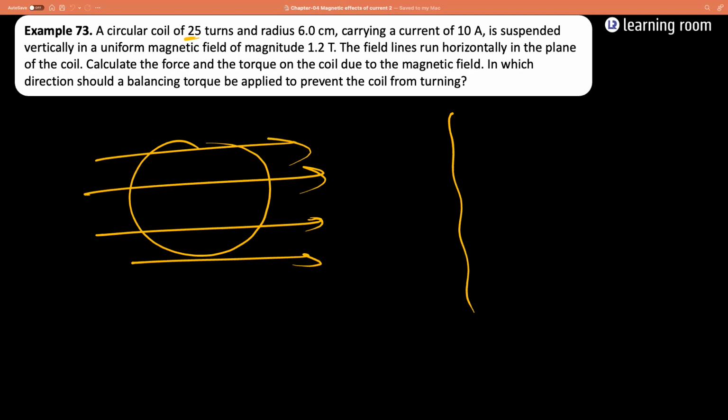What is the force acting on the coil? Force is going to be zero, because a magnetic dipole never experiences a net force. Torque is going to be NIAB sin theta. When you calculate that, you will get the answer as 3.4 Newton meter. In which direction should the balancing torque be applied? Since the directions are not given, assuming the magnetic field to be in this direction and the current to be in the clockwise direction, what is going to be the direction of torque experienced by it?